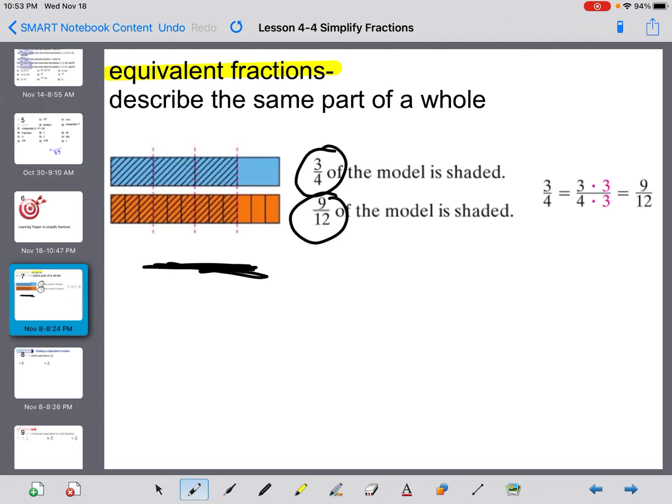Turns out you both ate the same amount. So you might want to argue, no, I ate 3/4. No, I ate 9/12. You both ate the same amount of your Twix bar.